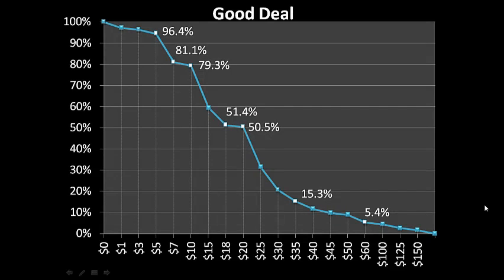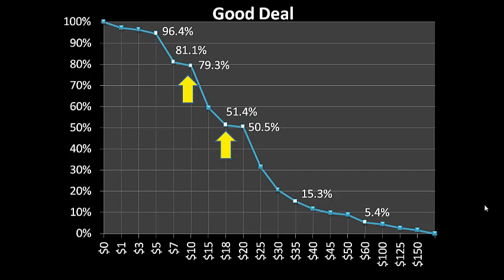And after that, we constructed a good deal waterfall graph to help show where there are steep drop-offs in customers as we increase the price. As you can see here, there was a pretty steep drop-off between the prices of $5 and $7, and that's 7.65% of our customers we are losing per dollar increase. For all of these, 1% of our customers is equal to 1.16 customers.